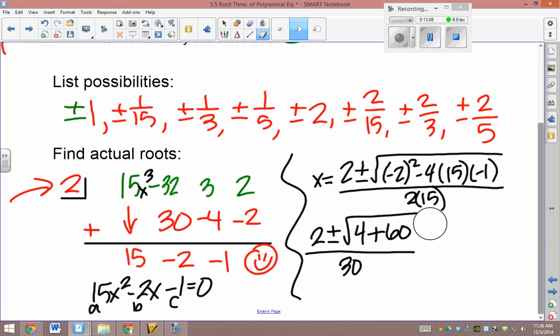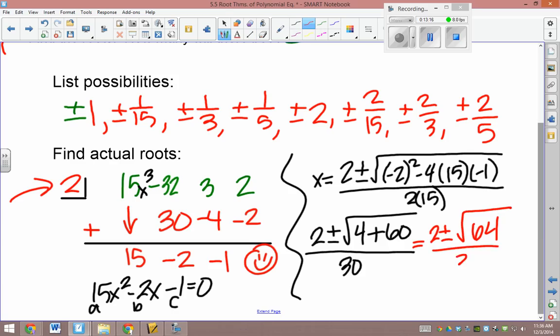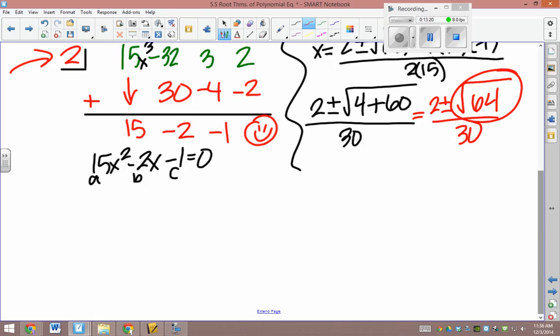Let me make some space here. Underneath the radical, I'm going to add those together. 2 plus or minus the square root of 64 over 30. Now, can you reduce that? Do you know the square root of 64? I think we do. I think it's 8. So now we are at 2 plus or minus 8 over 30.